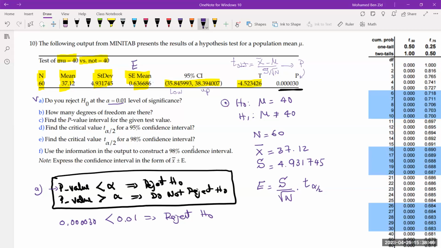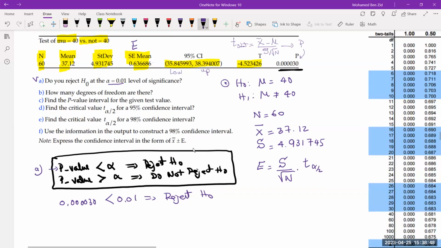How many degrees of freedom are there? For B, degrees of freedom is always n minus 1. And since we have n equals 60, 60 minus 1 is 59. All right, so we're done with letter B. We're going to look for the p-value of the interval given.